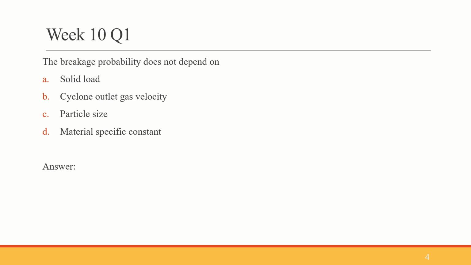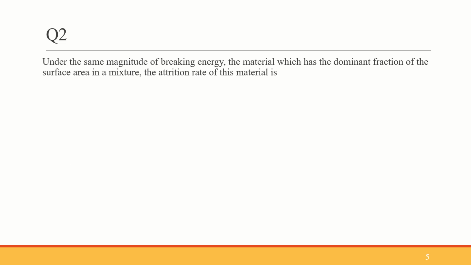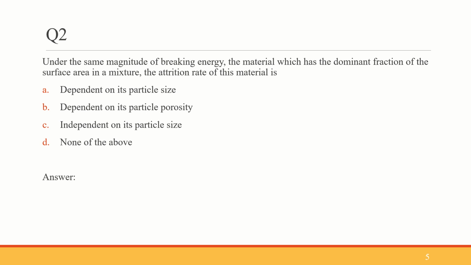Under the same magnitude of breaking energy, for the material which has the dominant fraction of the surface area in the mixture, attrition rate is independent of its particle size. It is independent of its particle size is the right answer.